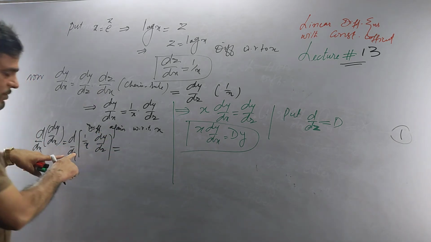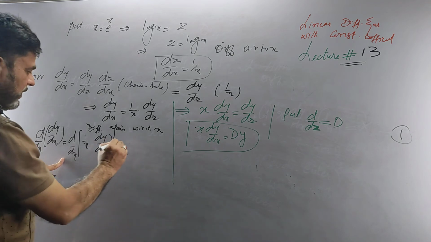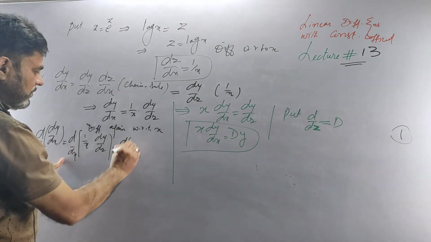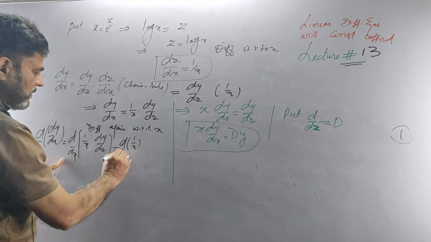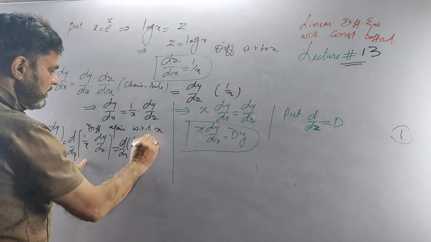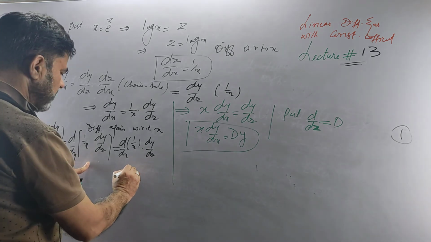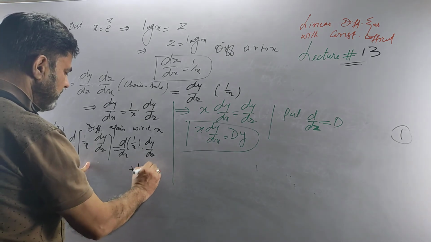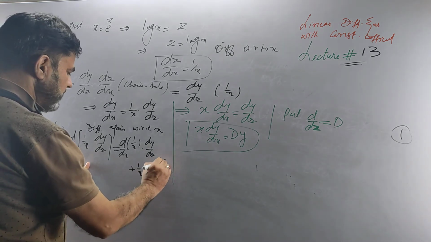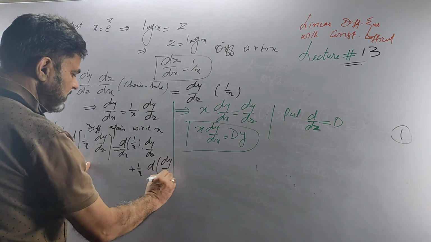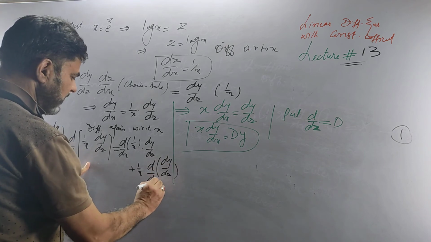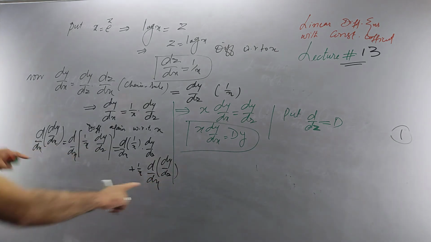Here you can use the product rule. It is the derivative of 1 by x with respect to x, second function dy by dz as it is, plus 1 by x as it is, times the derivative of dy by dz with respect to x. I am using here the product rule.